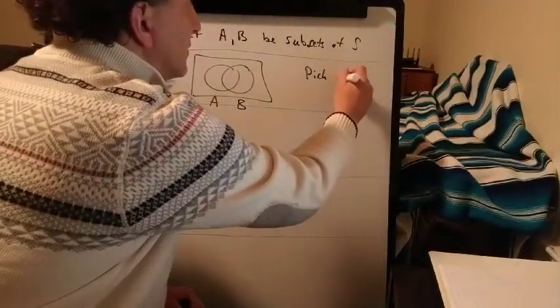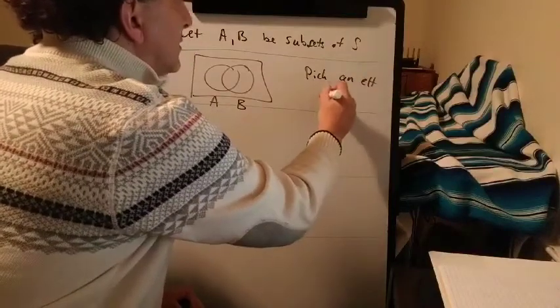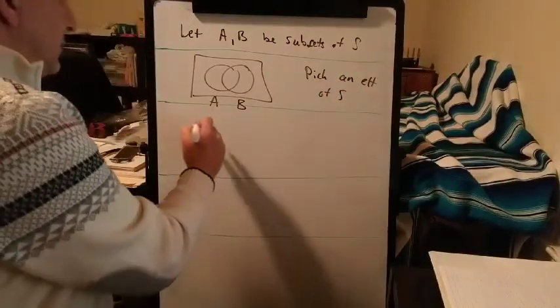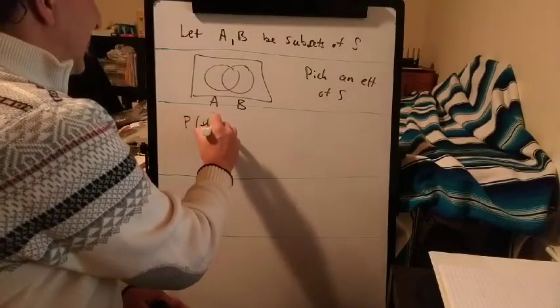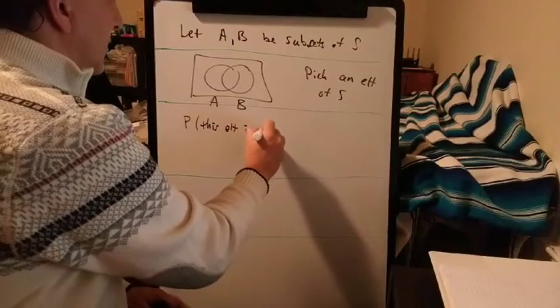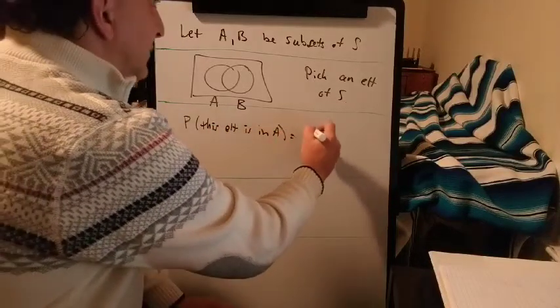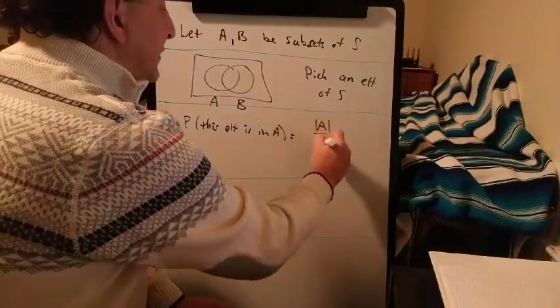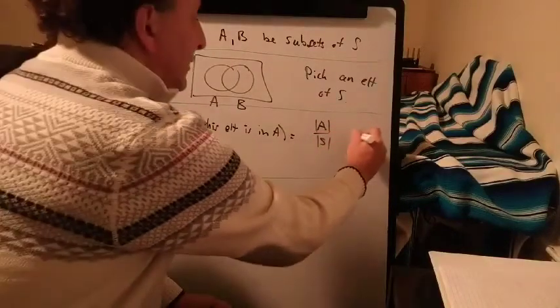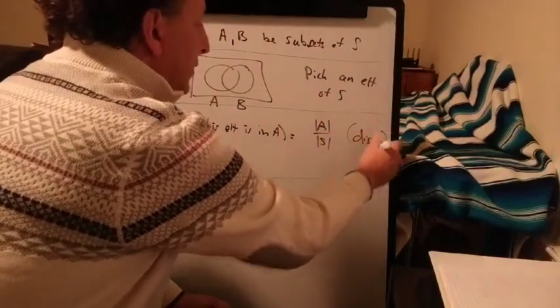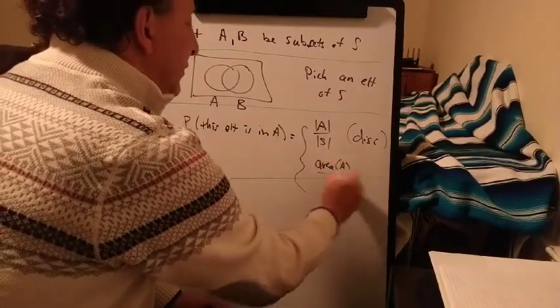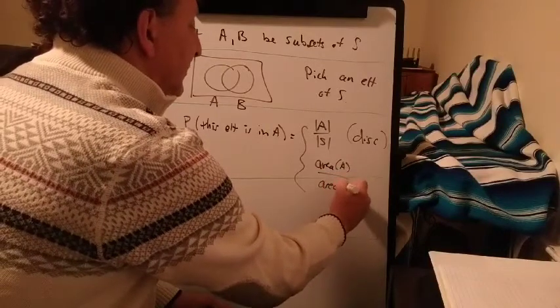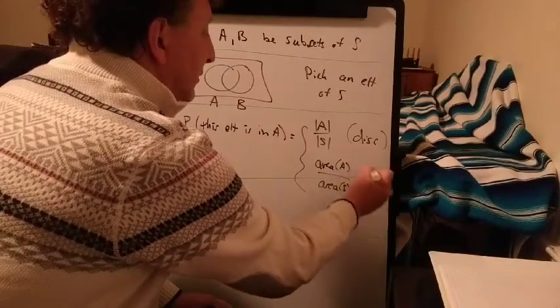And let's pick an element of S. The probability that this element is in A is either number of elements in A over number of elements in S. It's our discrete model. Or area of A over area of S. That's our continuous model.